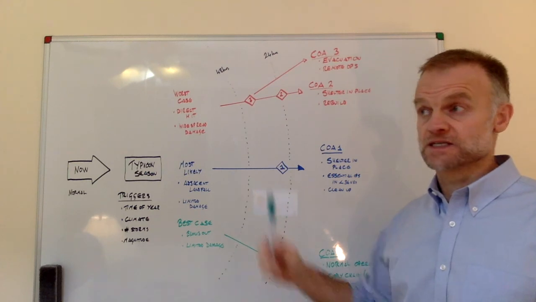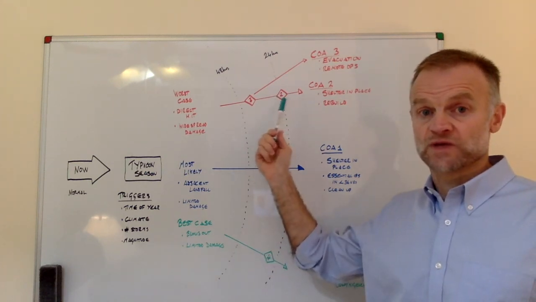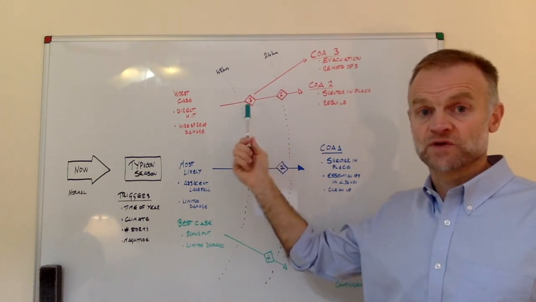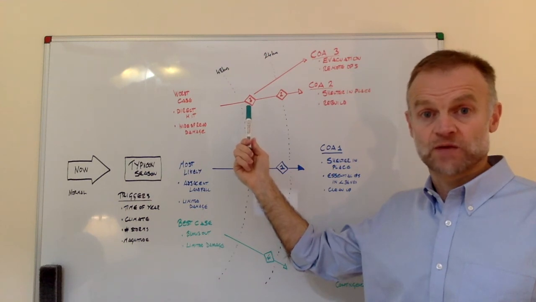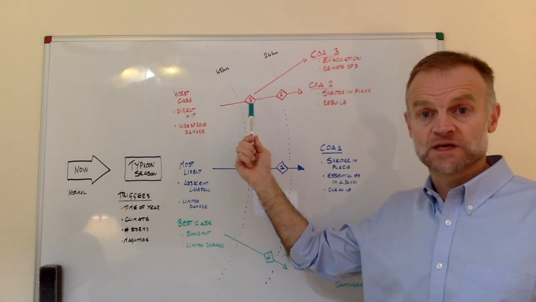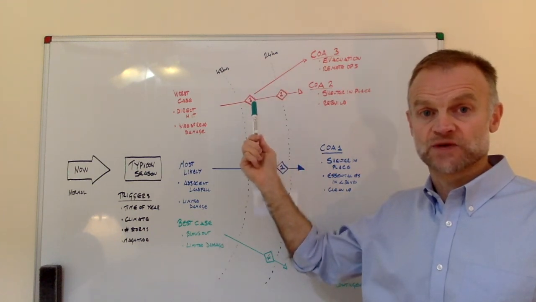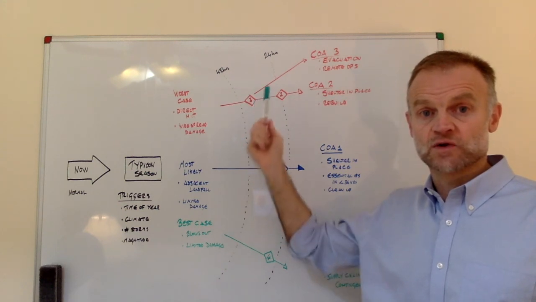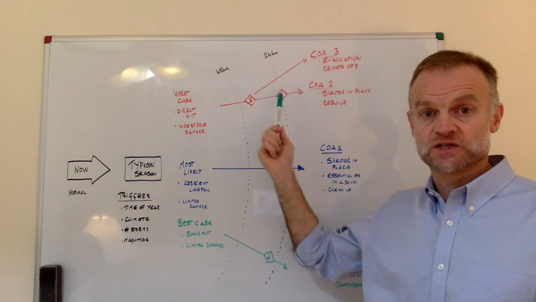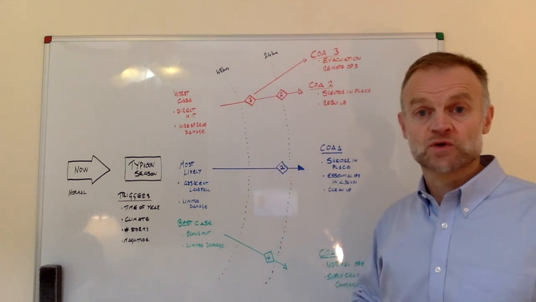And the key thing, as I said earlier, is that you may have a decision point that's relatively close in, but if you've got something more complex like an evacuation, the decision point will be further out. Once you've passed that point, this is no longer a course of action. So once you get, in this example here, less than 48 to 36 hours to the event, you're no longer going to be able to take that eventuality. So you're going to be forced to take course of action 2.